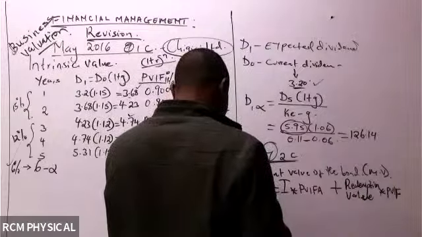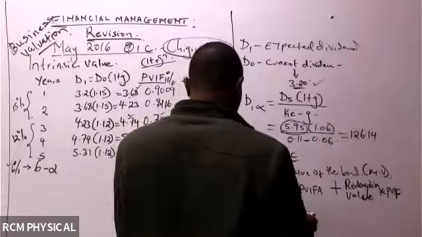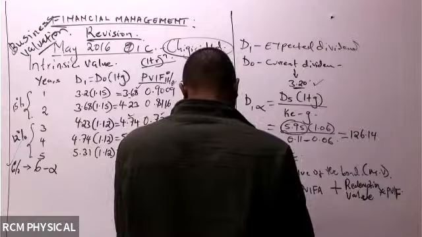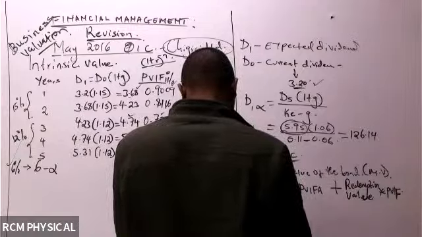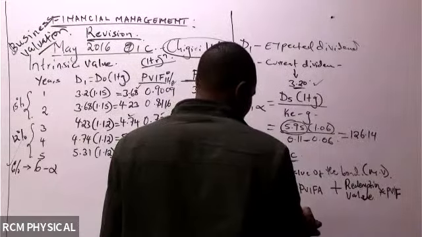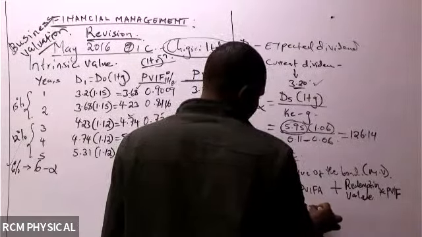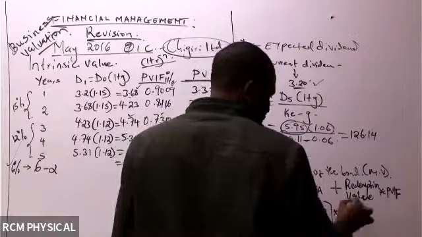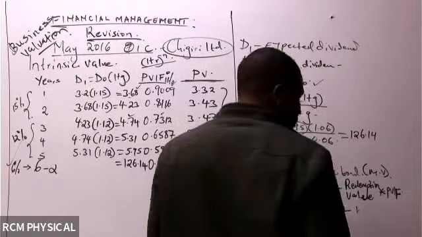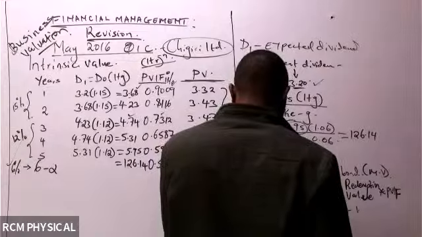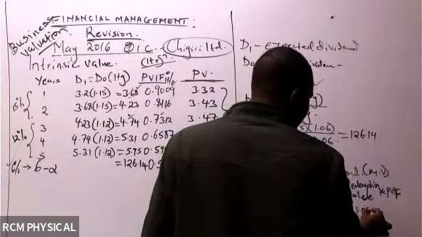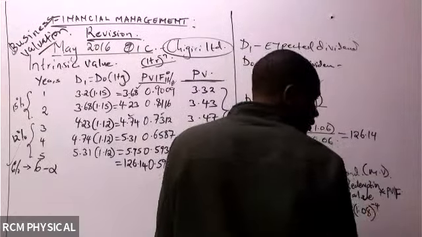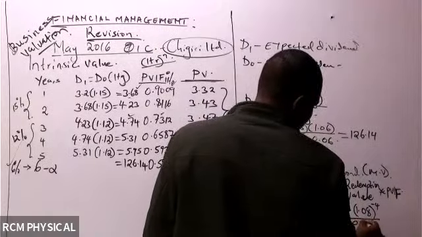The par value of the bond is 1,200,000, and the rate is 10%, so it's 10% of par multiplied by the PV annuity factor: 1 minus 1.08 raised to the power of -4, for 4 years, divided by 0.08. The investor's rate of return is 8%.